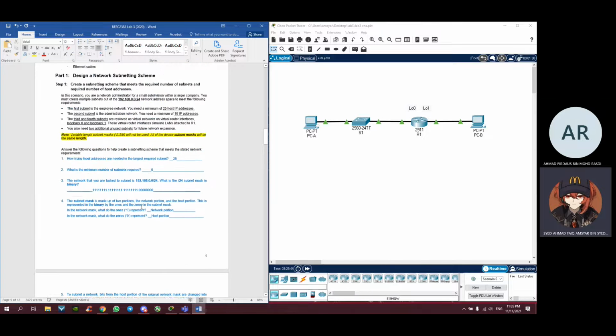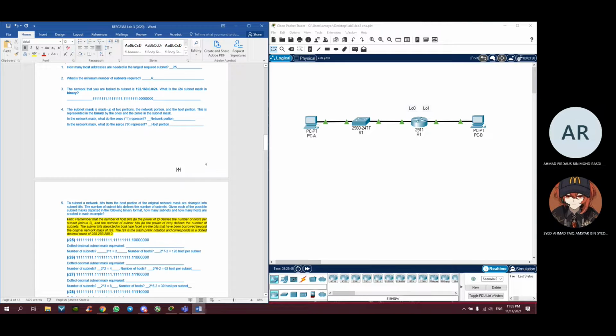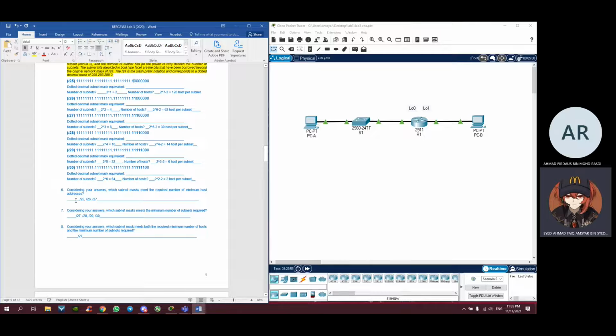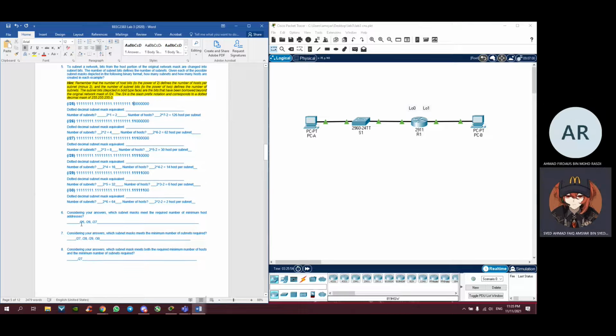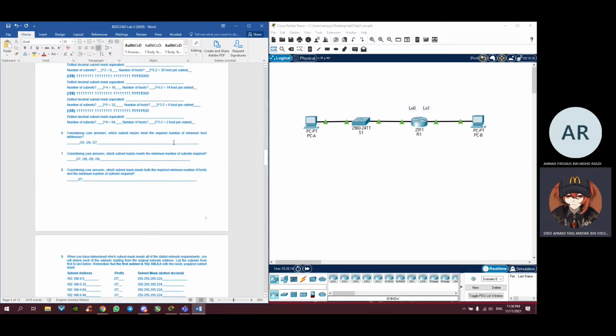For the minimum, we look back, we require 25 hosts, and we can see that /25, /26 and /27 meet the requirement of 25. For the other subnet masks, 14 hosts is not enough for the minimum required hosts.